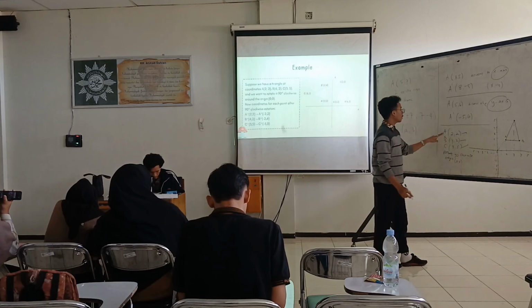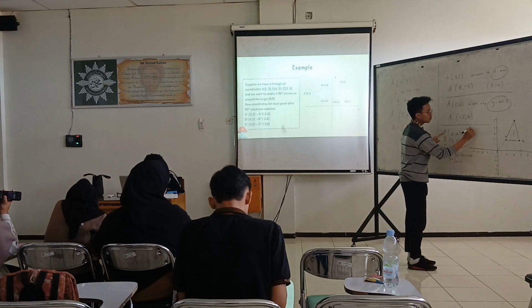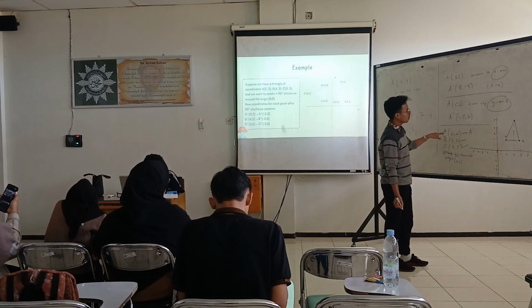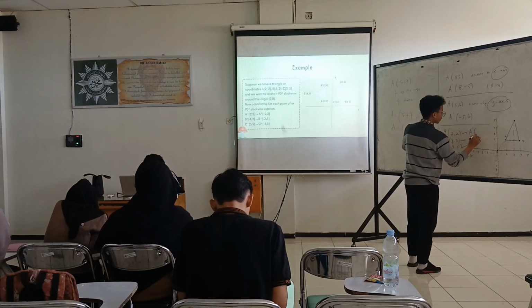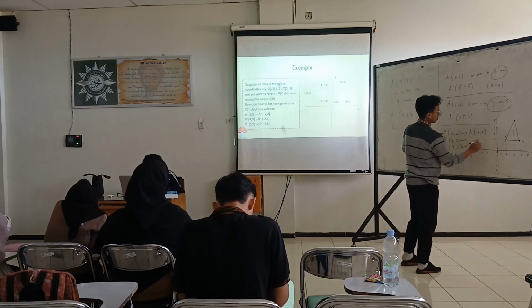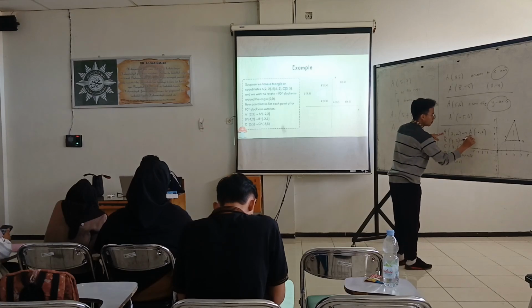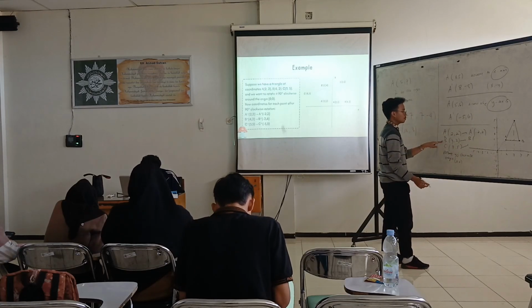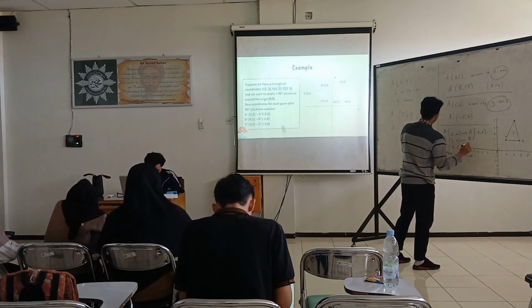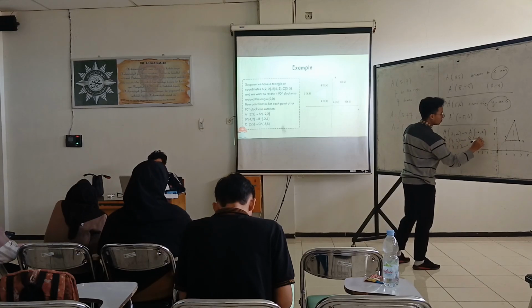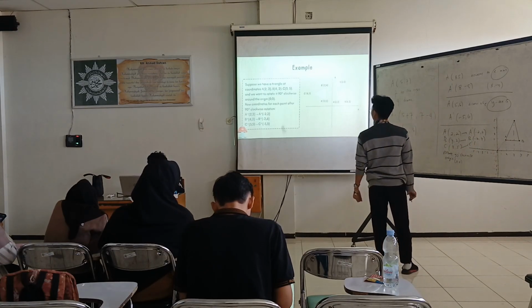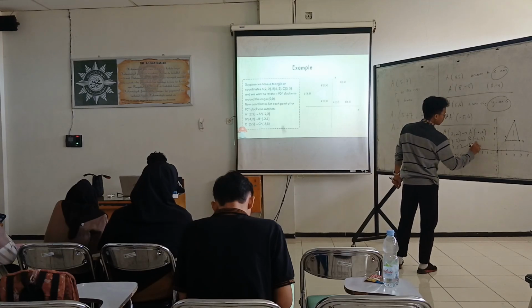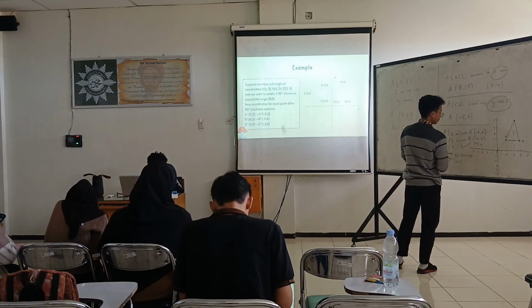So the new position of A after we rotate it 90 degrees clockwise is (-2, 2). And the new position of point B is (-2, 4). And the new position of point C is (-5, 3).